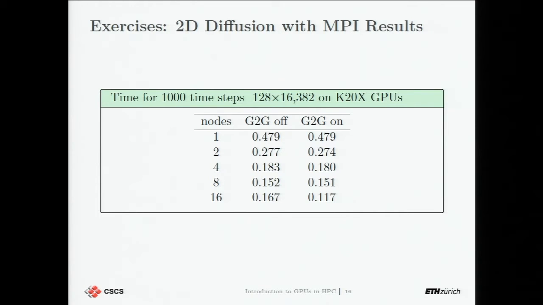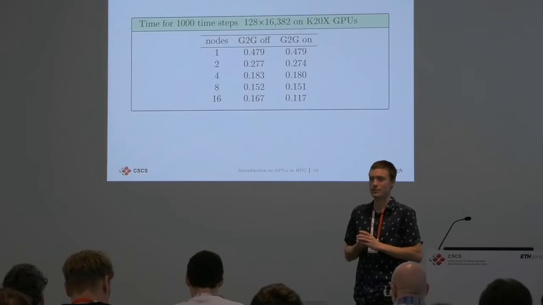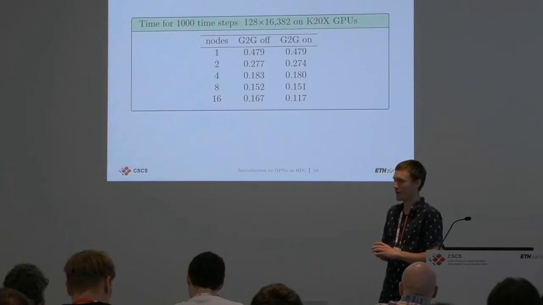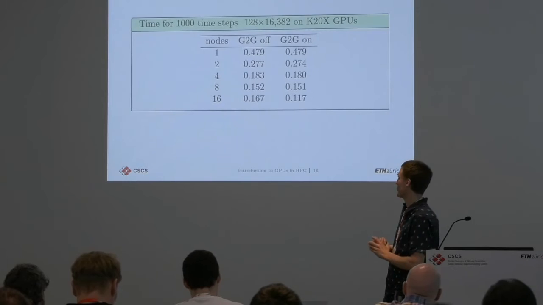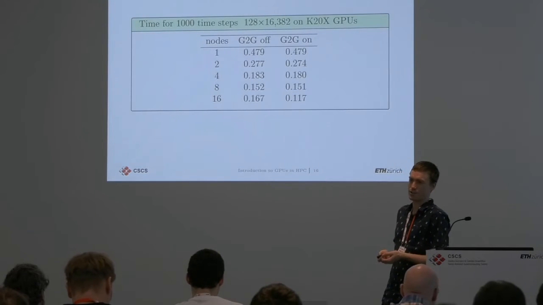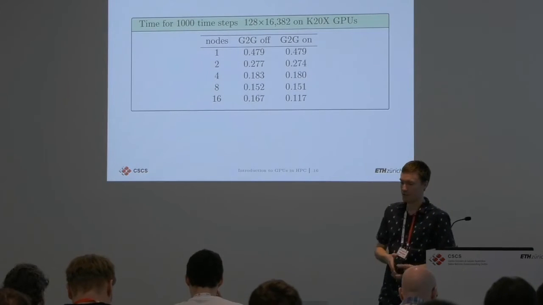I was telling some guys earlier that maybe we could have made things a bit more efficient if we'd done all the copying and transferring by hand, but that would have been a very complicated and time-consuming process, and it was much easier for such a large code with so much communication to just use G2G communication.